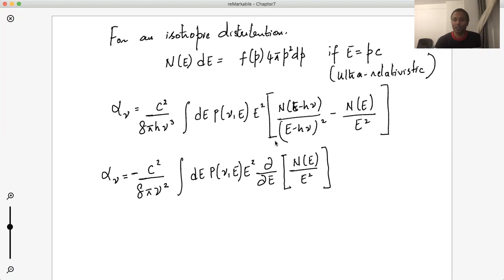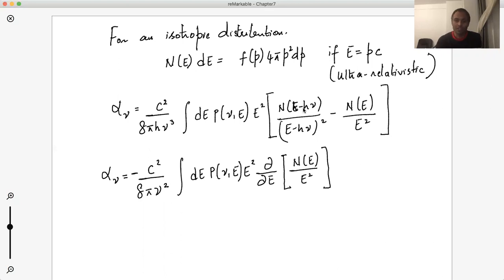So this would be the partial derivative with respect to energy of this quantity here, which is n of E by E squared, times h nu, because the derivative is taken over a difference h nu. So one factor of h nu basically cancels out, and then you get this expression. Also notice the minus sign here because there's a minus h nu here. So that is the absorption coefficient.